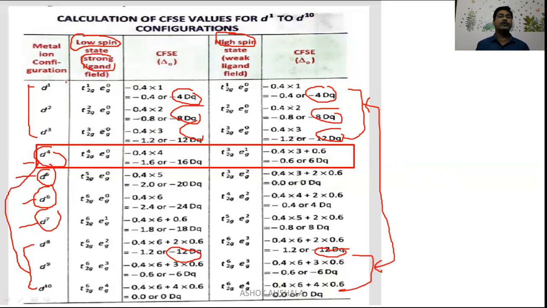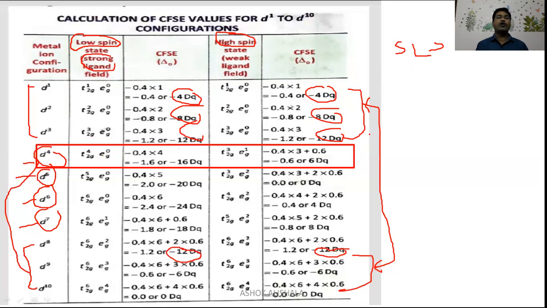Suppose for d4, I told you that in the case of low spin, the electrons get paired in low spin complexes because of the strong ligand. That is what I told you, SLS. Whenever it is a strong ligand, the electrons get paired.